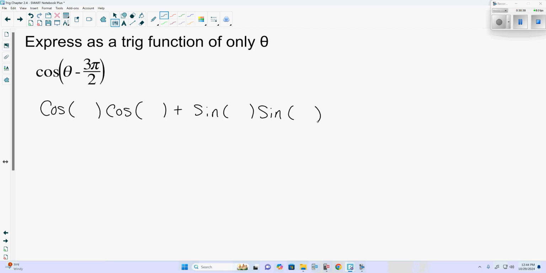All right, guys. Let's look at this one here. Cosine of theta minus 3 pi over 2. We want to express this trig function only in terms of theta. So we need to use our sum and difference formula first: cosine of theta, cosine of our second angle, 3 pi over 2, and then theta and 3 pi over 2.